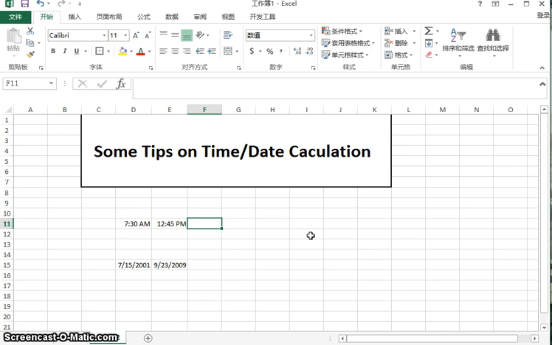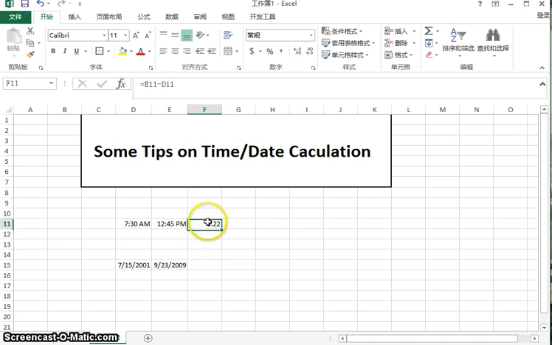Normally we may do it like this: we use the end time to subtract the start time. It gave us 0.22, and this kind of number doesn't make any sense.